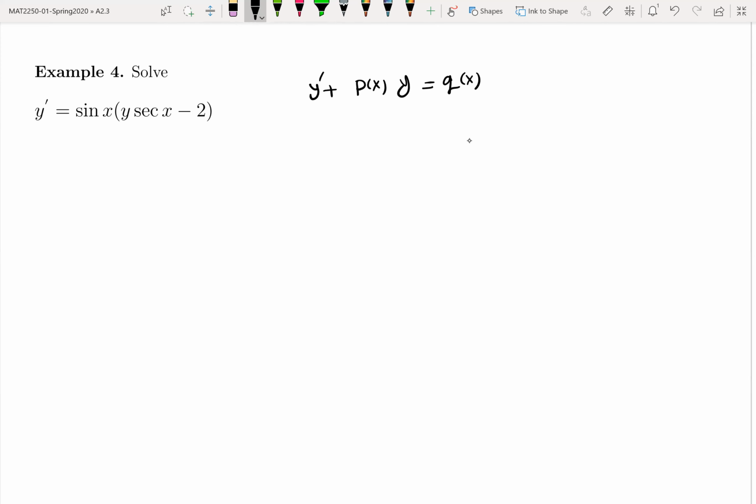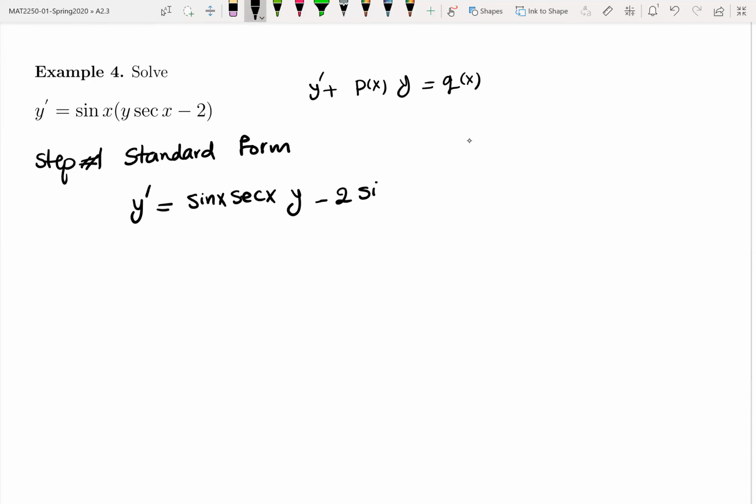Ready? That was step number 1, standard form. So then I have y prime, I have sine of x, secant of x times y, and then I have 2 sine of x.